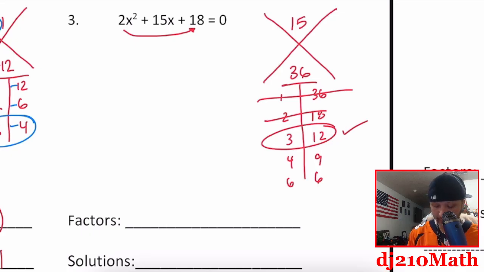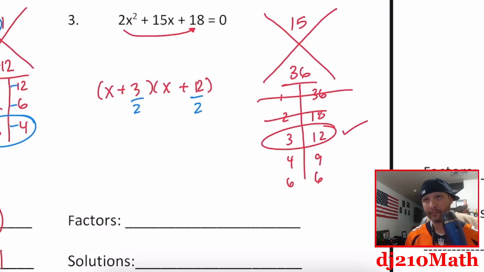So these numbers go right into the factors. X plus 3, x plus 12. We have to remember to divide out the 2. And this is going to be 2x plus 3, right? Because 3 over 2 can't reduce.